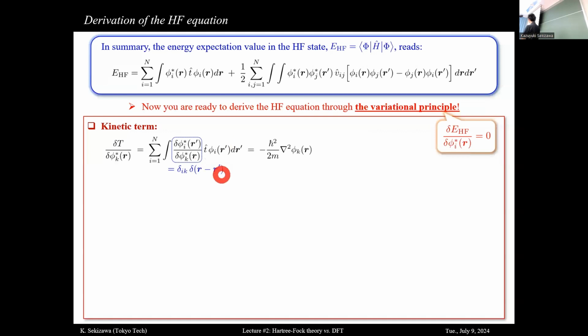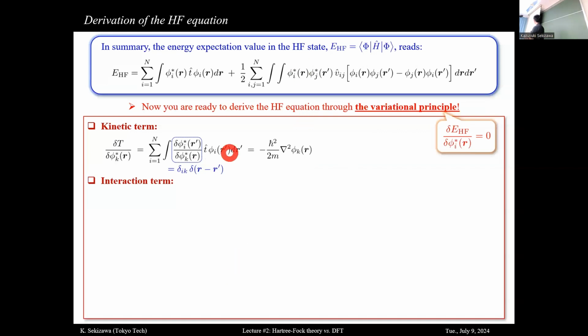Because of this Kronecker delta and delta function, you can perform this integral over R prime, and you get this equation. So this one-body kinetic energy operator is acting on a single particle wave function.